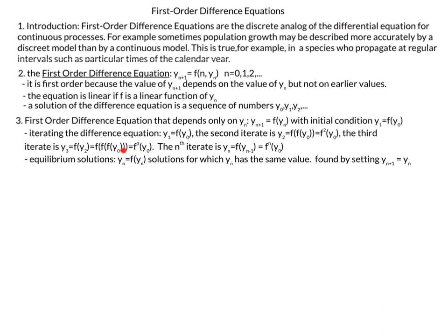There was no change, and the idea of no change is captured right here: y_n is equal to f of y_n. So that's solutions for which y_n has the same value, and we find that by setting y_{n+1} equal to y_n. Once you understand the idea of an equilibrium solution, this equation should come as no surprise.